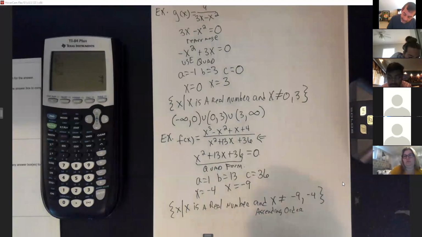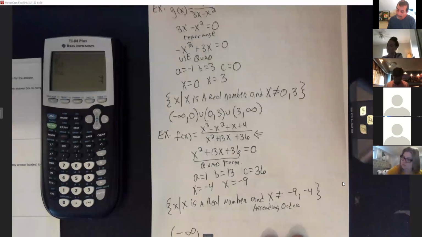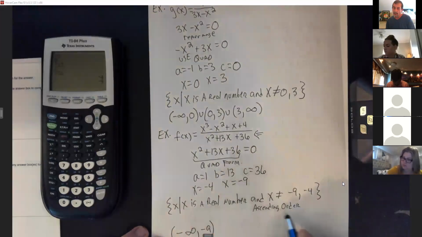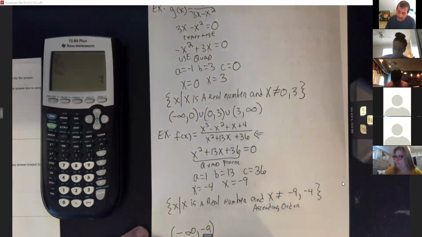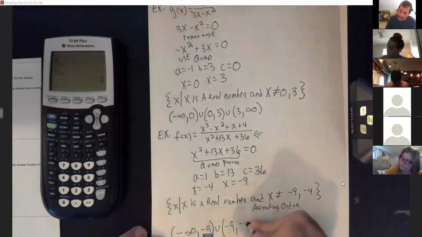Now, interval notation starts at -infinity. From -infinity, it cruises till it hits -9. And that's the reason they wanted y'all to put them in ascending order here, so that you would have them in the right order when you got down to this. All right, union from that -9 to that -4.